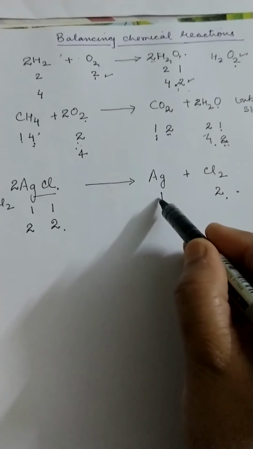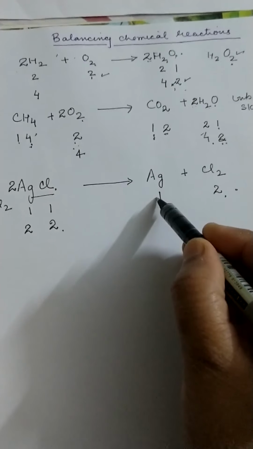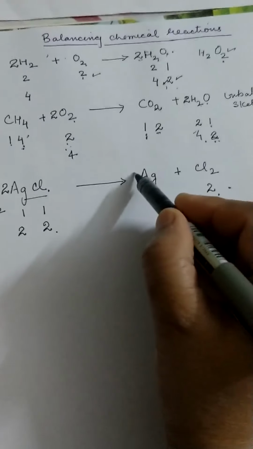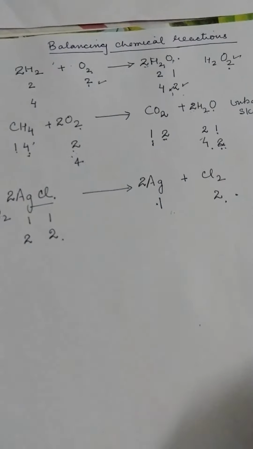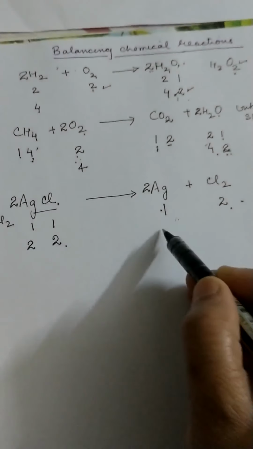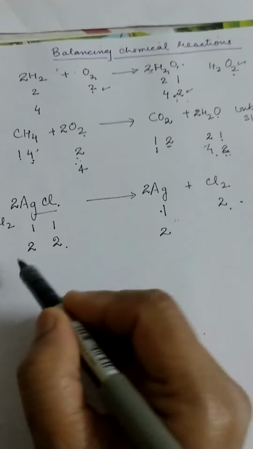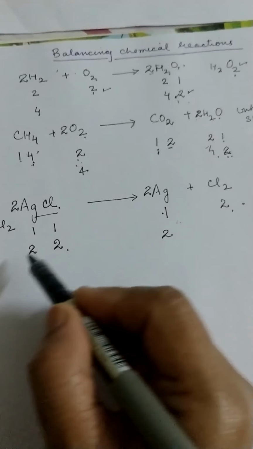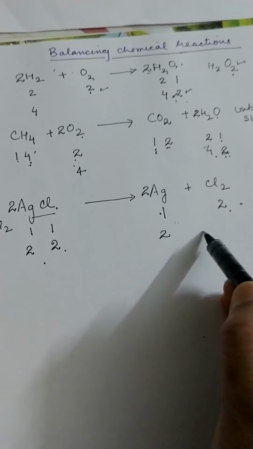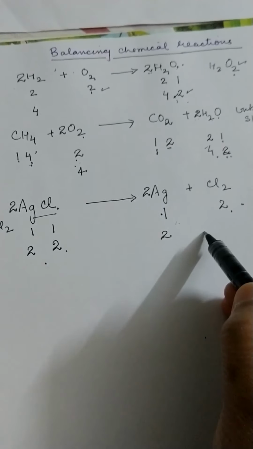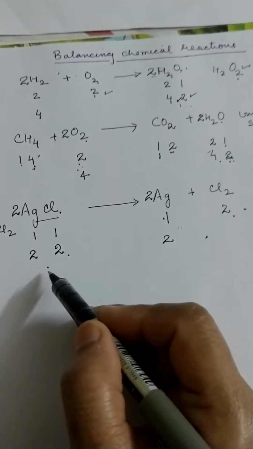To balance silver, I'll put 2 here. Now if you check, all the atoms taking part in the chemical reaction on the left hand side and the product formed on the right hand side are equal.